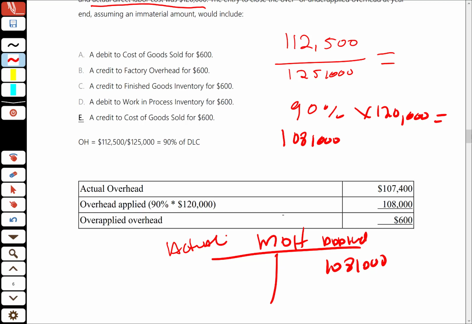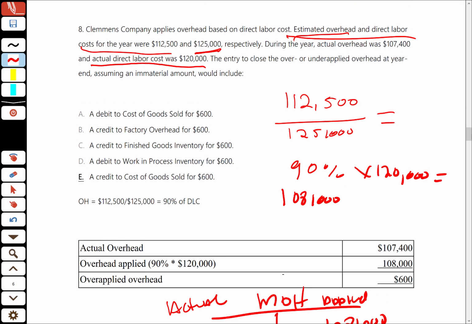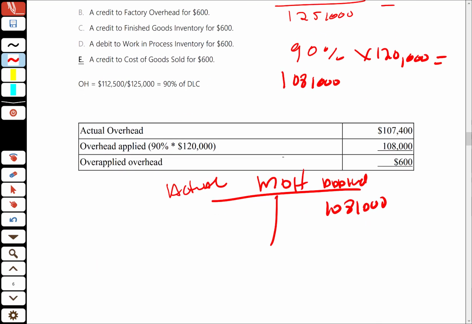The actual goes on the debit side, and the actual they told me was what? 107,400. What's more, the applied or the actual? The applied is more, so I'm over applied.